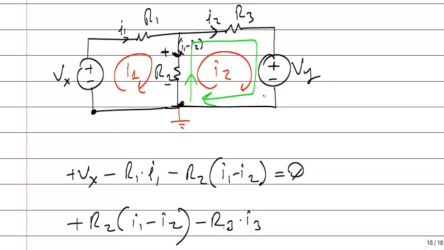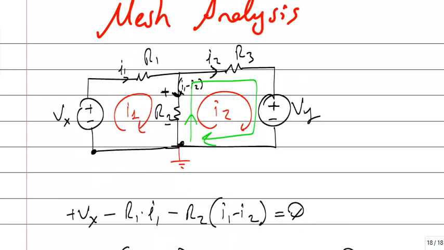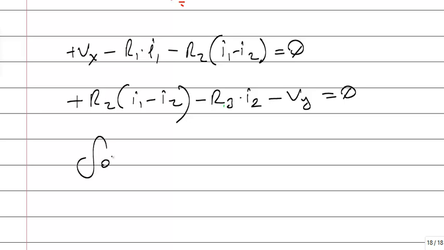Minus Vy is 0. Okay, I have two unknowns in the mesh equations. There are two mesh currents, I1 and I2. So solve for I1 and I2.